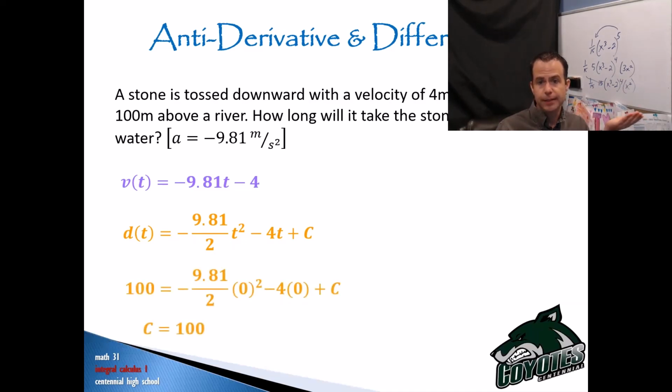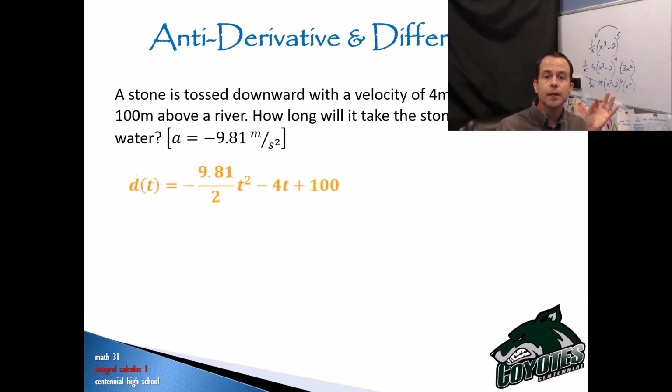And that gives me c equals 100. So my displacement equation for this context becomes d of t equals negative 9.81 over 2 t squared minus 4t plus 100. That's the one now that I need to figure out the t-intercept, essentially. And that's when the stone is going to hit the water.